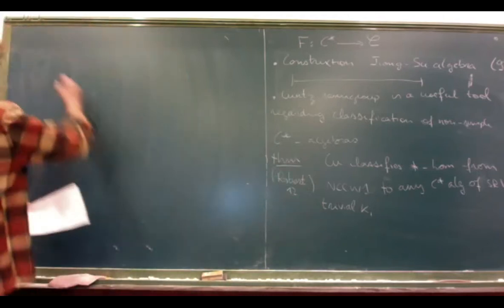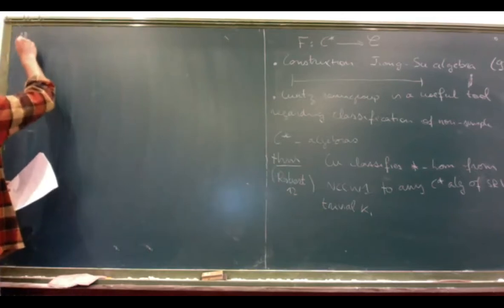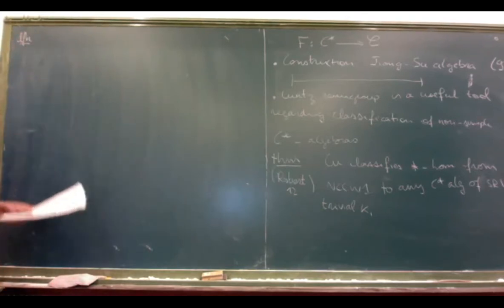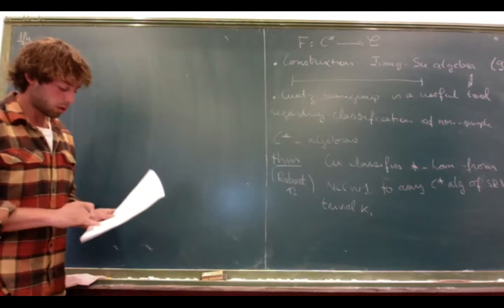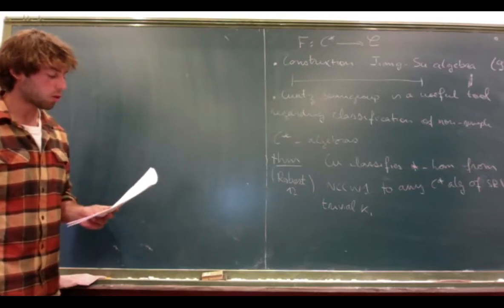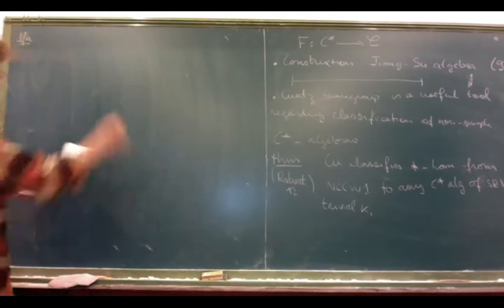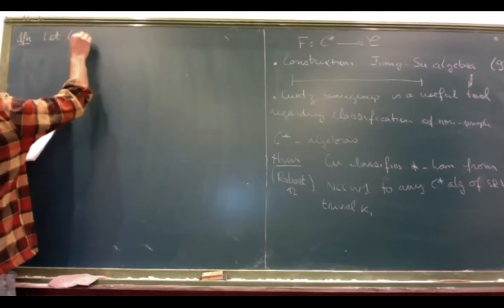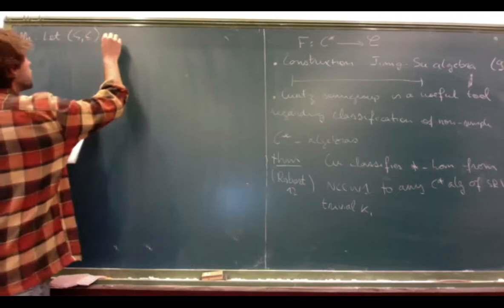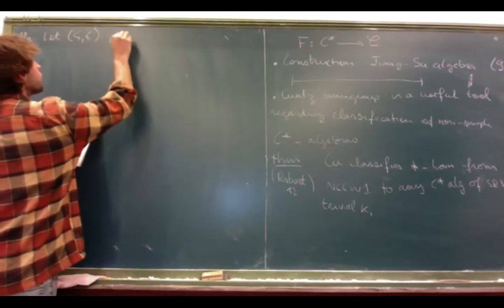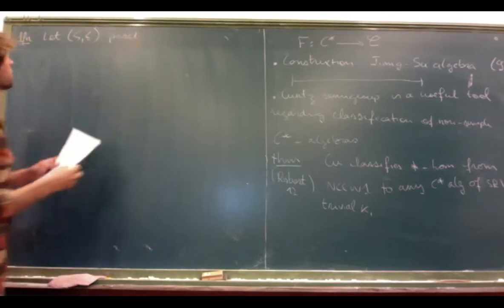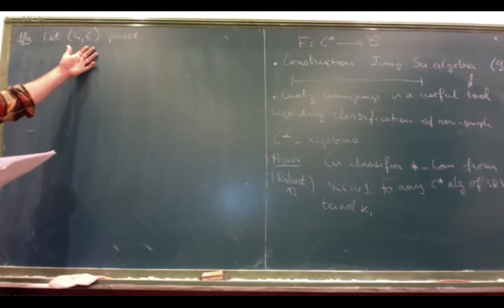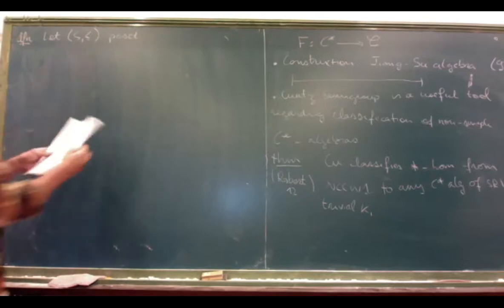Okay. So first we need a definition of what will be called an auxiliary relation. So let me start with a partially ordered set that I write poset. Okay, so it's just a set with a partial order.